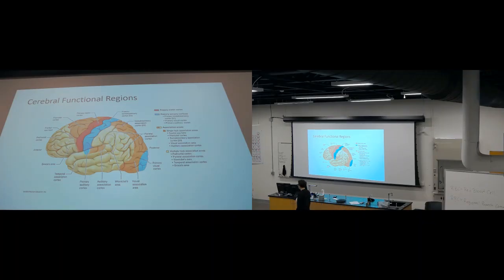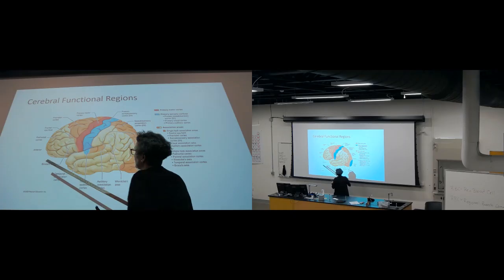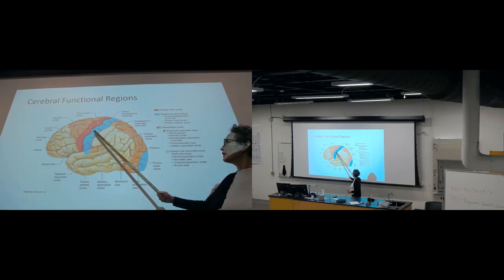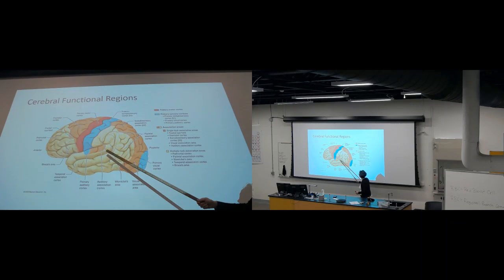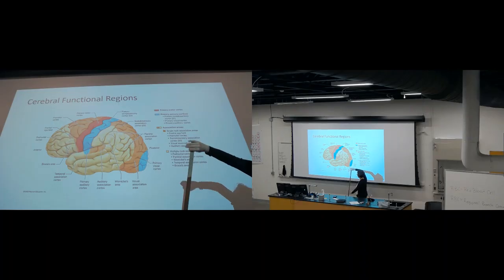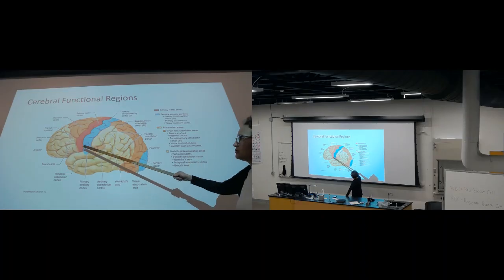So here is a topographic view of the surface of the brain with the different regions that we considered before. Again, just the general names of the lobes: frontal, parietal, temporal, occipital. And then internally here, we will have the insula, but you just have to separate these lobes.